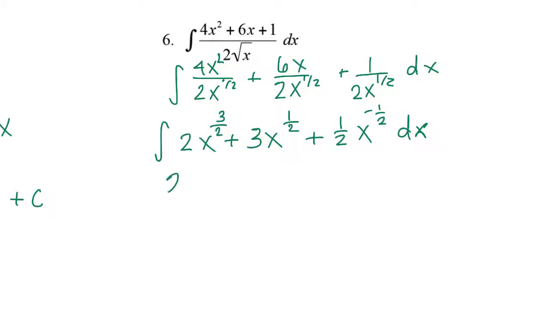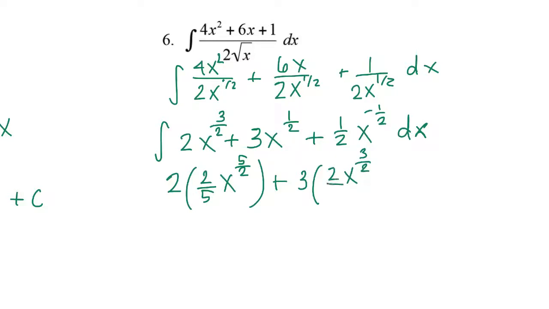So we're going to have 2 times, if we add 1 to 3/2, we get 5/2. And so that's times 2/5, plus 3 times, and this is going to be x to the 3/2, so the coefficient 2/3, plus 1/2 times x to the positive 1/2 divided by a half, so times 2, plus c.